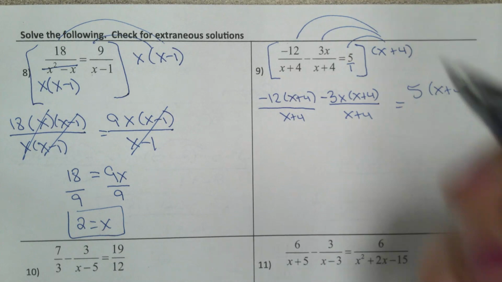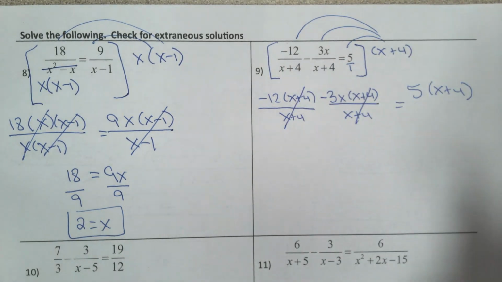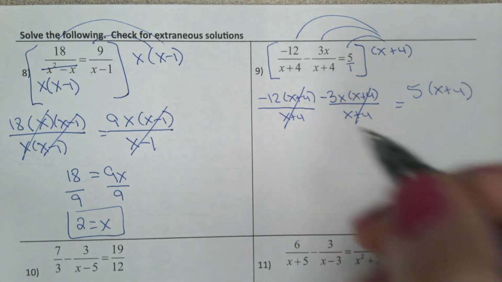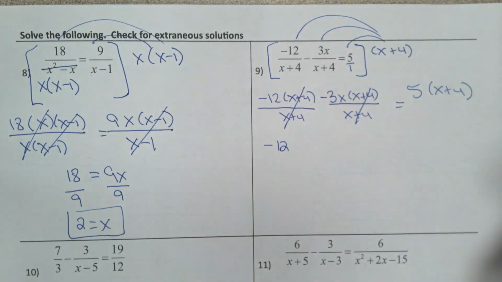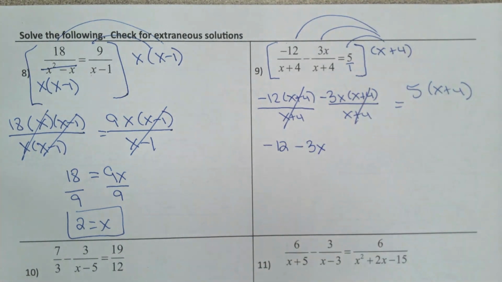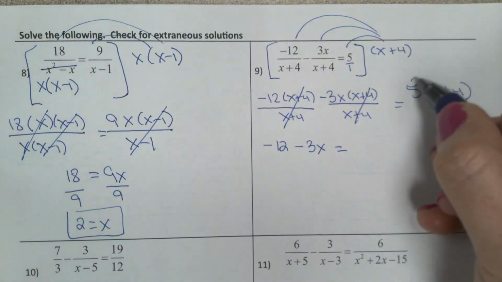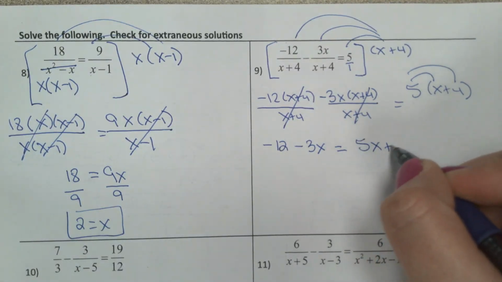Now go canceling. So the x plus 4's cancel, the x plus 4's cancel, nothing to cancel here. So from this first one, you just have a negative 12 left. From the second one, you have the negative 3x left, equals. I'm going to go ahead and distribute to clear parentheses, 5x plus 20.